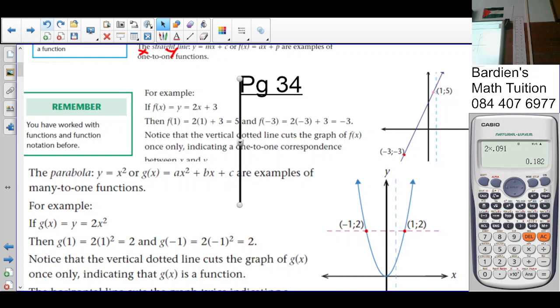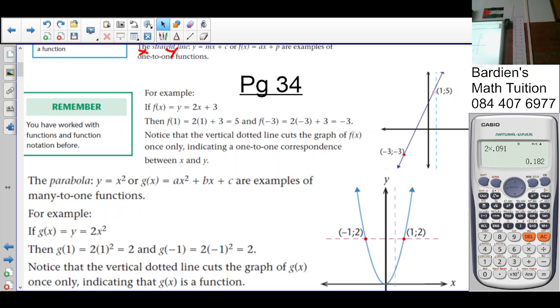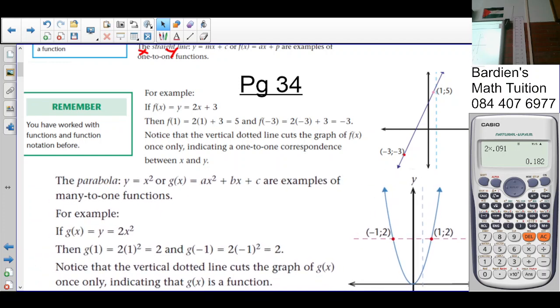So we got the vertical line and horizontal line. So notice that the vertical dotted line cuts the graph of f of x once only, indicating a one-to-one correspondence between x and y. Okay. Let's carry on.